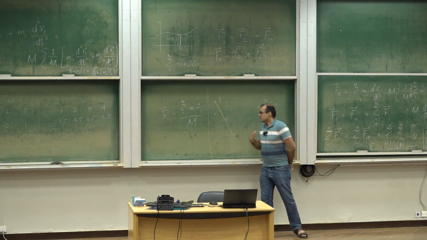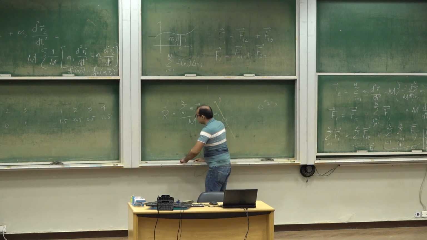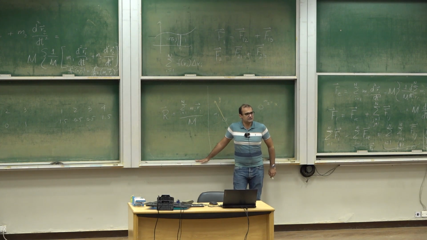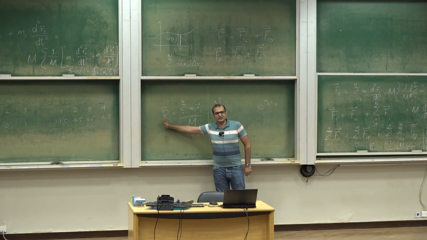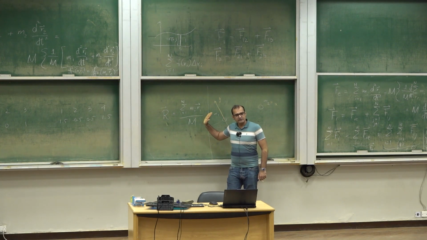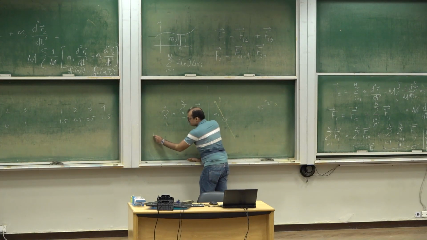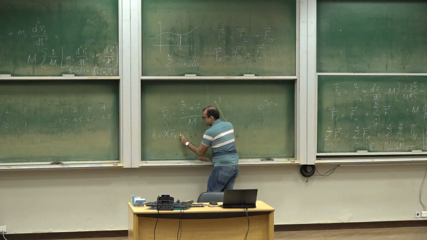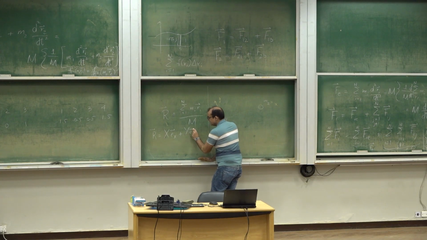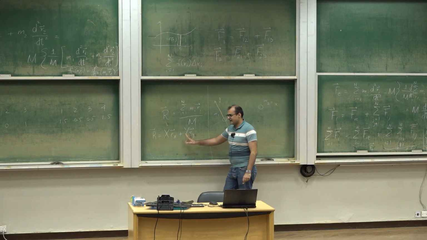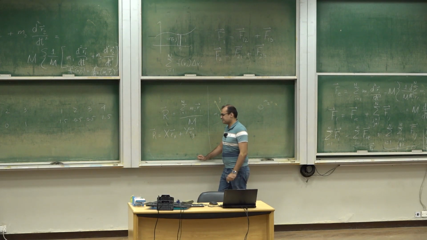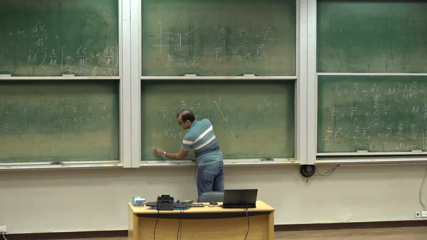Now, before I go on, I must highlight that this actually stands for three equations. You have the x coordinate of the center of mass equals... Capital X is the x coordinate of capital R, capital Y is the y coordinate of capital R. So you can then write down R1.